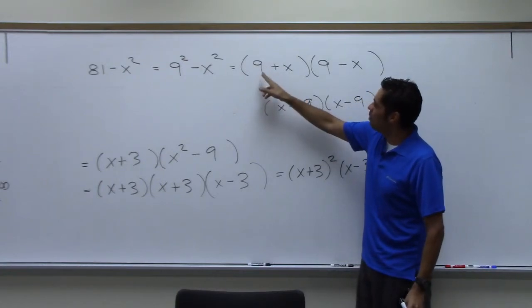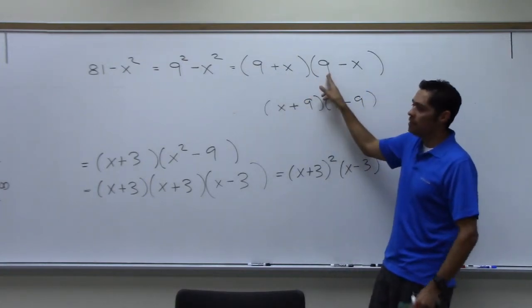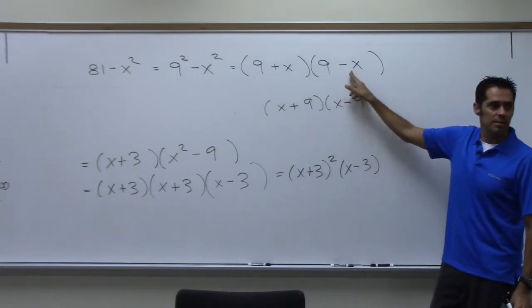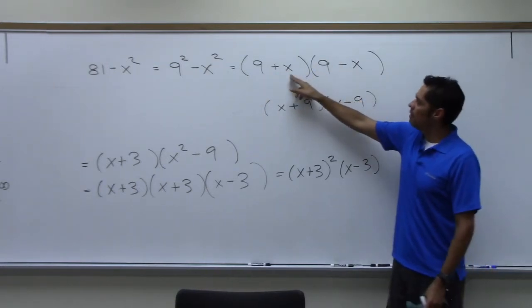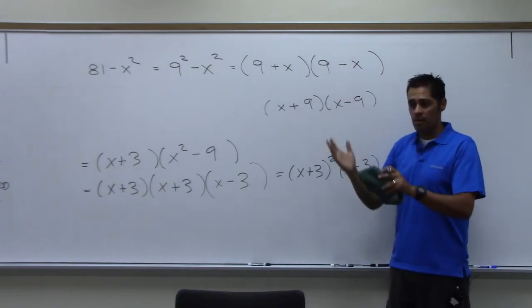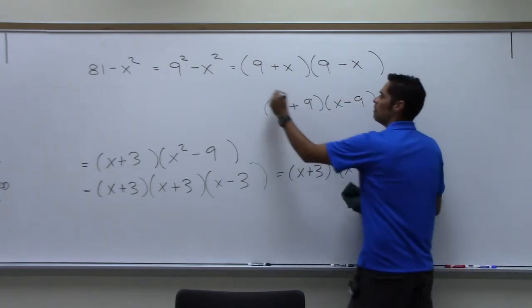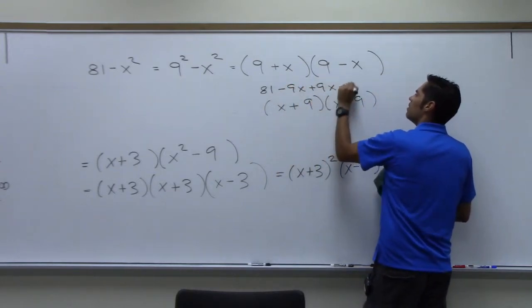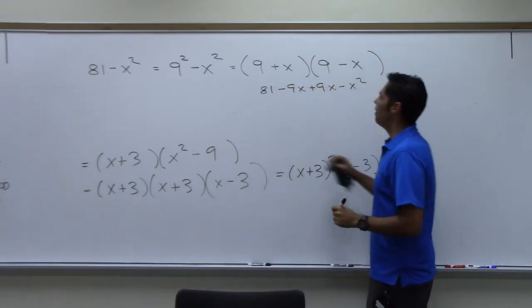When you multiply this, watch what happens. 9 times 9, 81. 9 times negative x, negative 9x. X times 9, positive 9x, so those are gone. 81 minus 9x plus 9x minus x squared. That's what you would get if you multiplied those out.